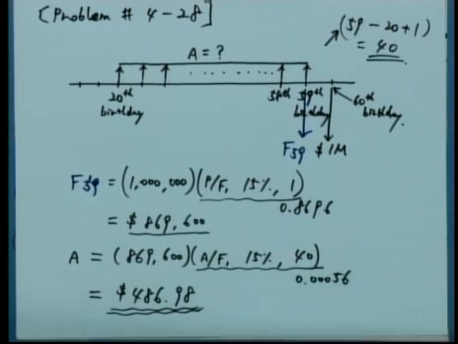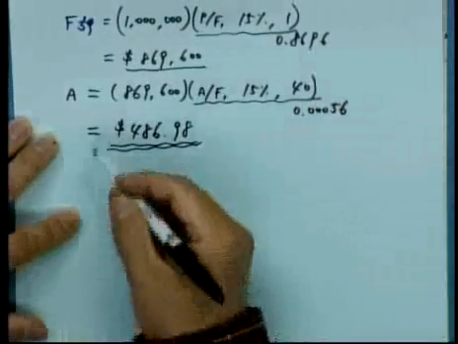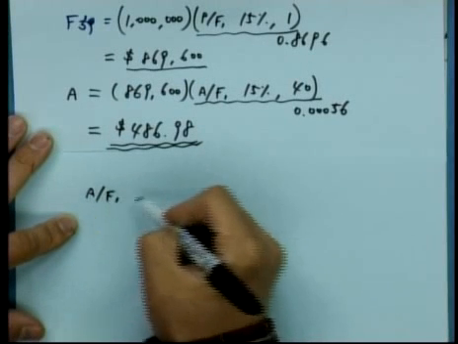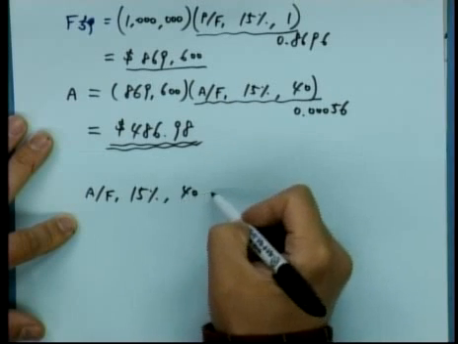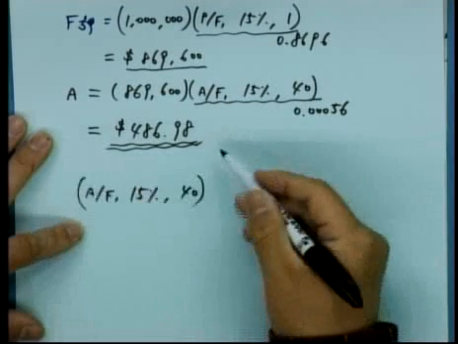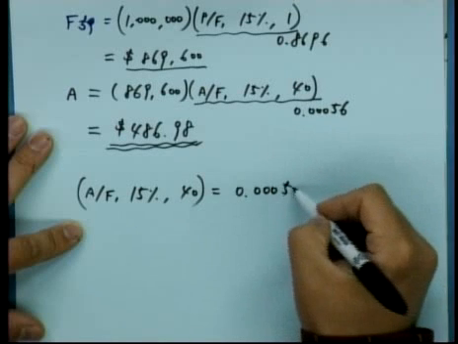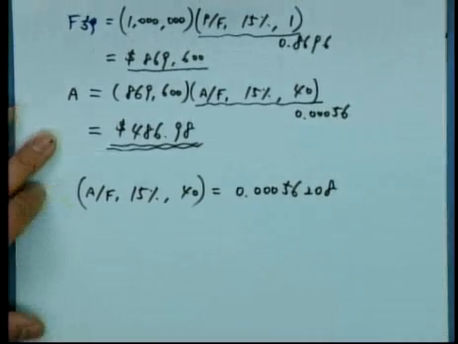And just to let you know, this result is very sensitive to the sinking fund factor. The actual sinking fund factor value is 0.00056208. Okay?